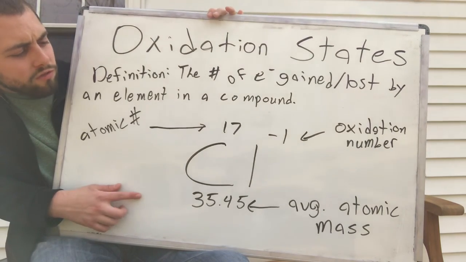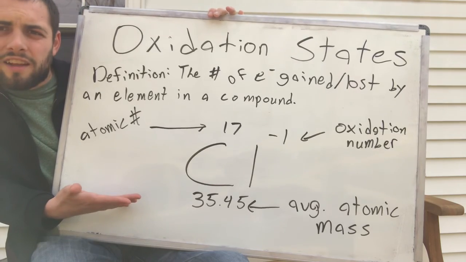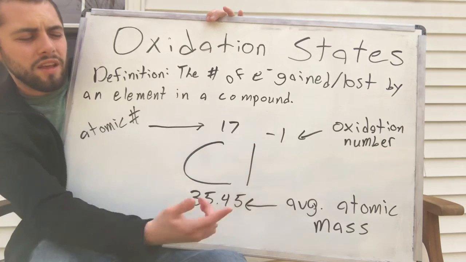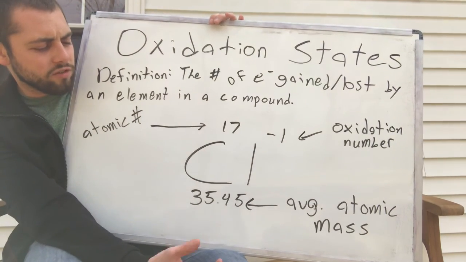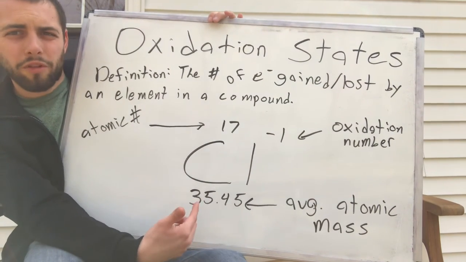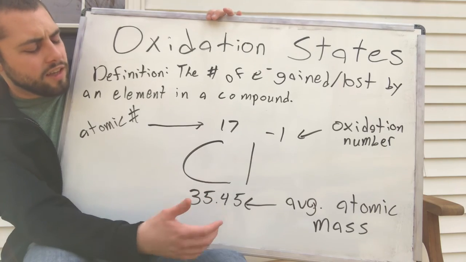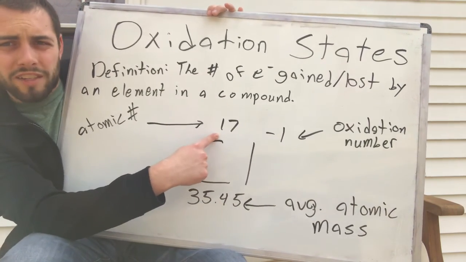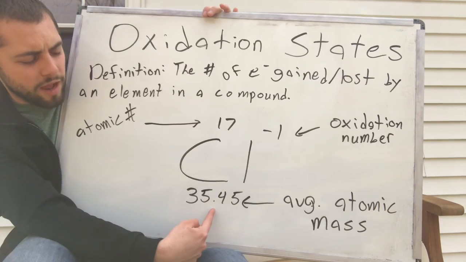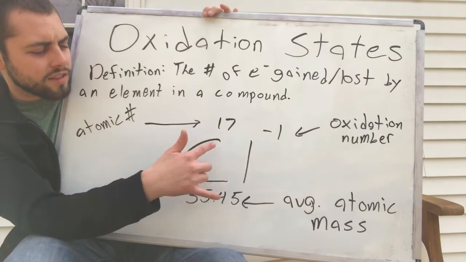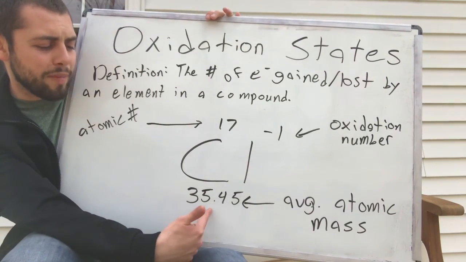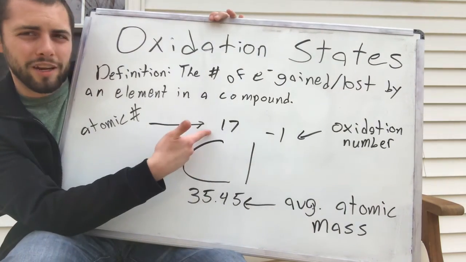When we think about writing out the oxidation state, it'll usually be in the top right corner here. There are lots of things that we can draw with our element symbol. Typically, looking at your periodic table, you'll see the atomic number on top and the average atomic mass on the bottom. Sometimes it'll be flipped, but you can always tell because the atomic mass will be larger than the atomic number.